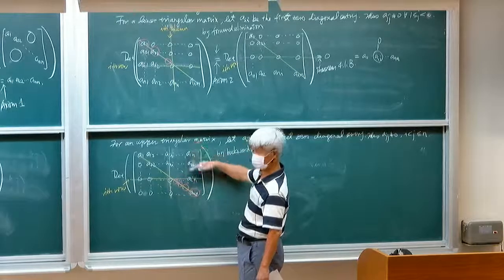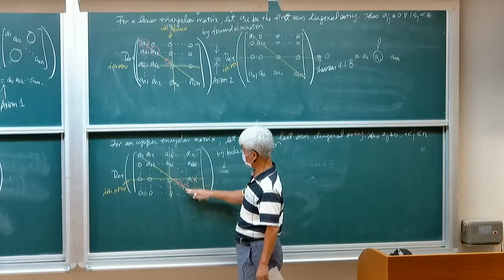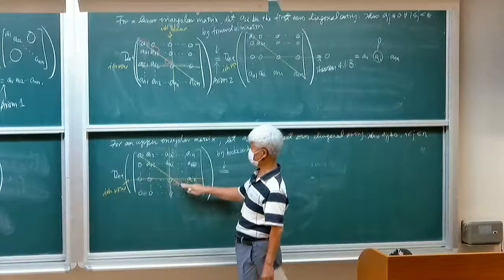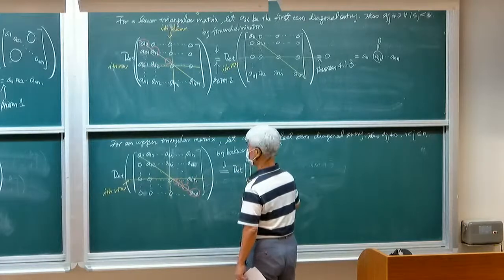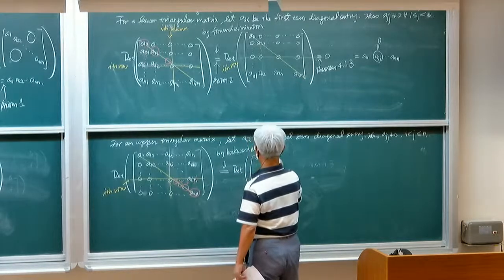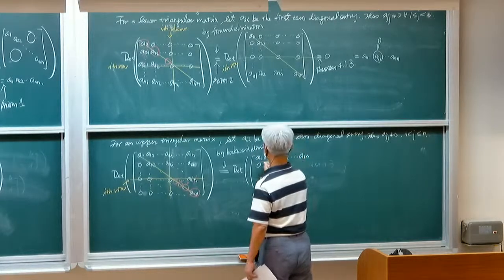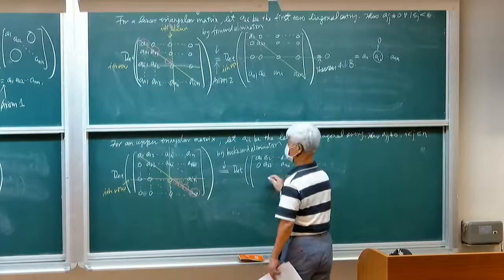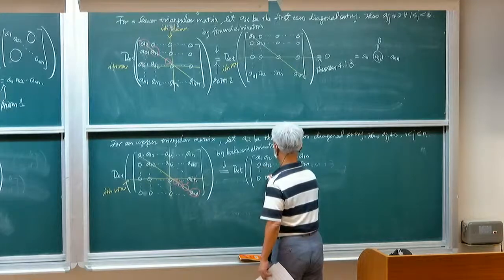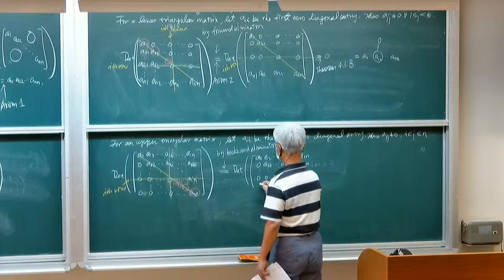Leave behind all the other entries. Don't touch them. Just up to here, you cancel them to zeros. And then use this to eliminate all the entries up to the i0, etc. So you have all zeros.